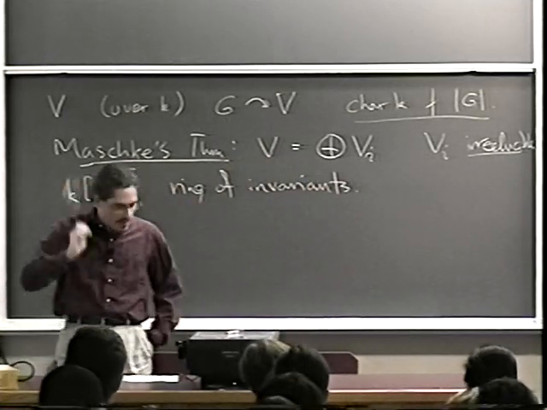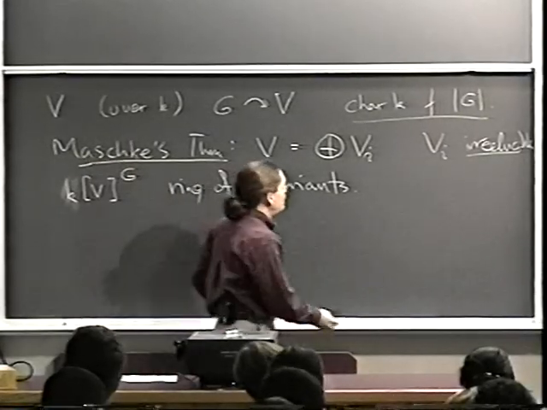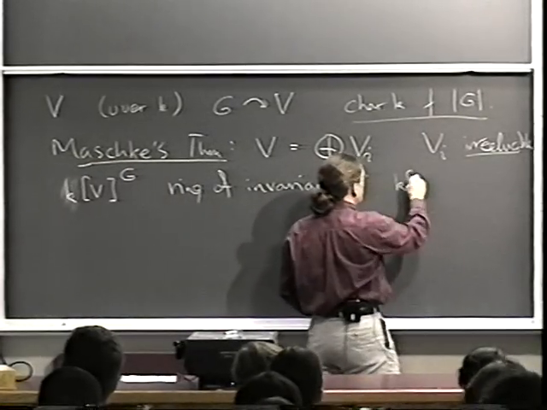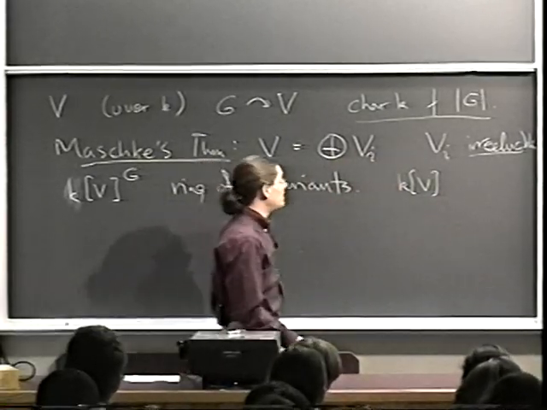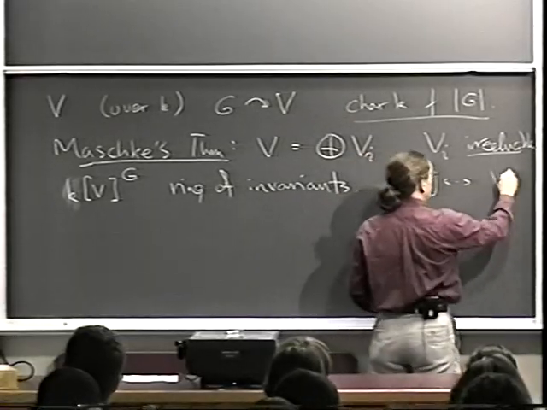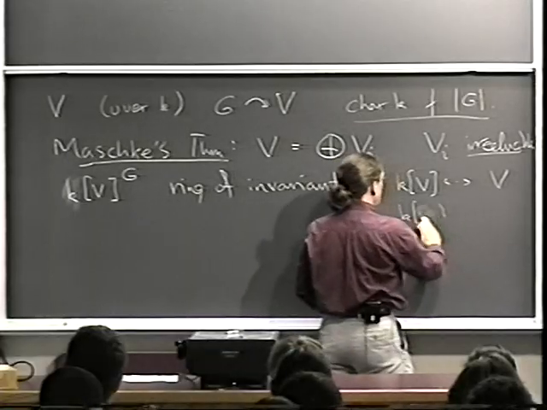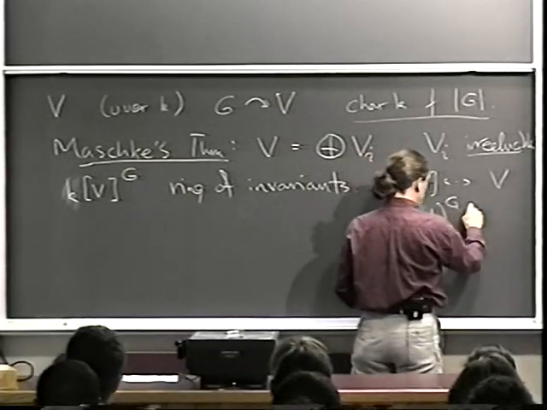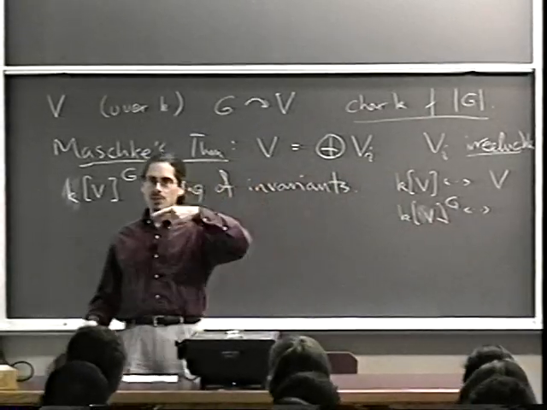And geometrically, what's the meaning of this? If we think, well, for the moment, let's say K is algebraically closed, so we're in the situation of classical algebraic geometry, then K[V] is the algebra of functions on V. And what's K[V]^G? What's the ring of invariants? Well, if a function is G-invariant, it means it's constant on every G-orbit.